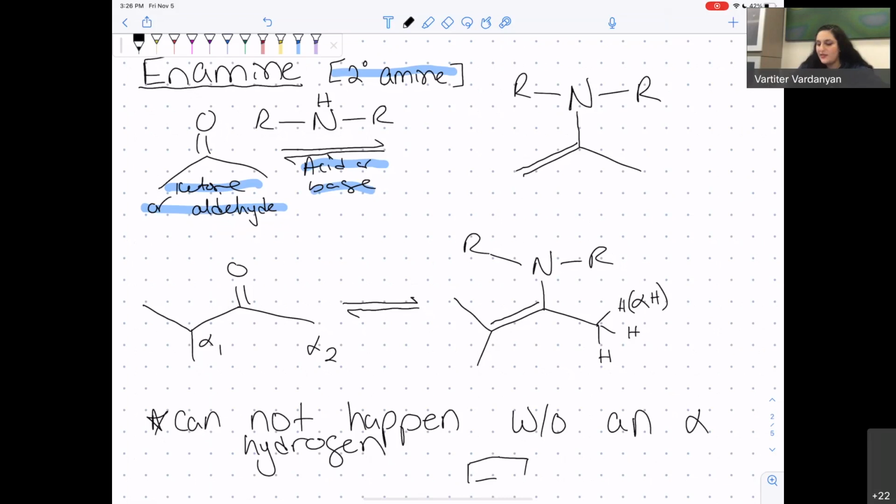So if I gave you something like this, we cannot do the reaction. I always give this example because people are like, well, this is a hydrogen. Yes, it is, but it's on the carbonyl. It's not the alpha carbon, so we cannot steal that.